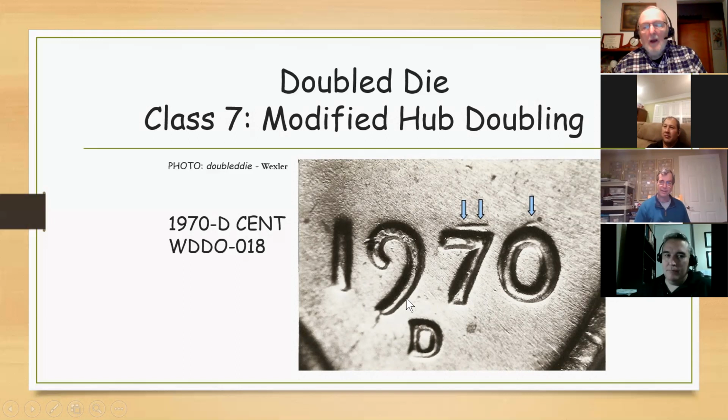Okay. Because I've got rolls of 70Ds I can go through. They're all mixed dates. Yeah, you might hit it or you might not. But have I seen this? Yeah. I've seen this a couple of times when I've gone through cents, and that's just taking rolls from the bank and going through them.